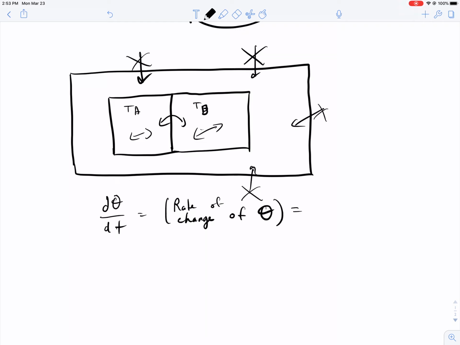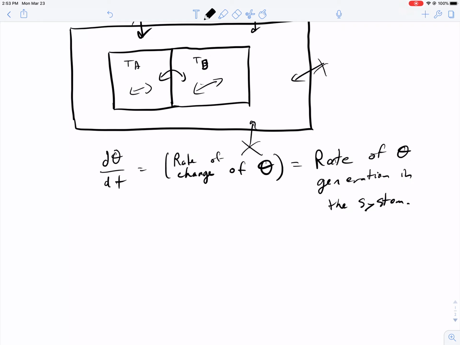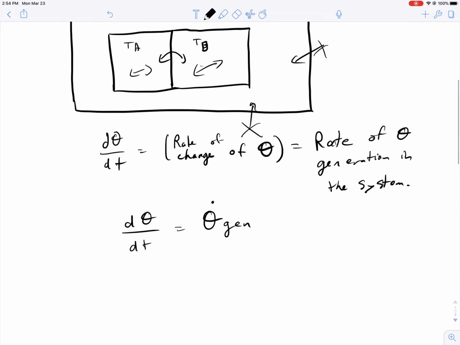And basically, this variable tends to increase in both of these examples, where there's a rate of theta generation in the system. So alternatively, we can say that somehow for the overall system we'll have d theta dt equals some theta with a dot on top, because that means it's per time, times generation.